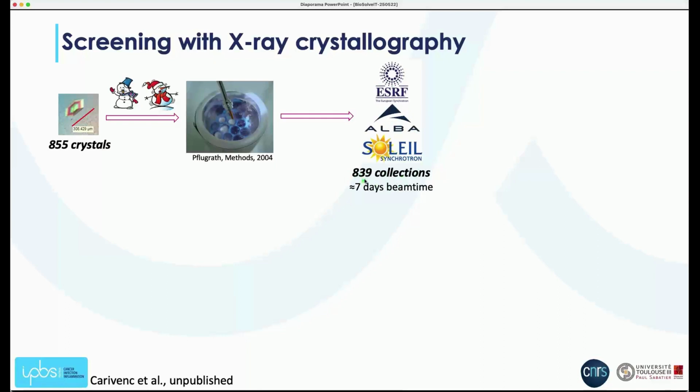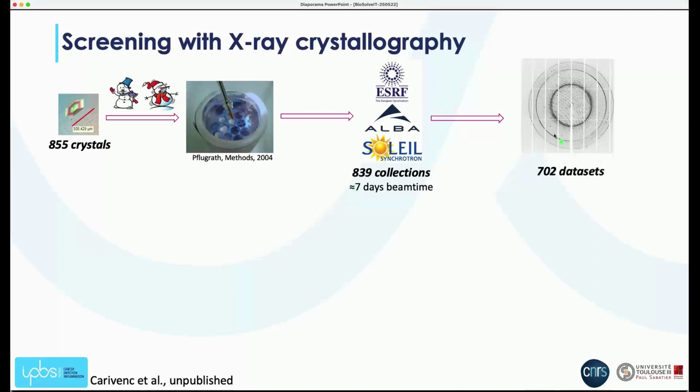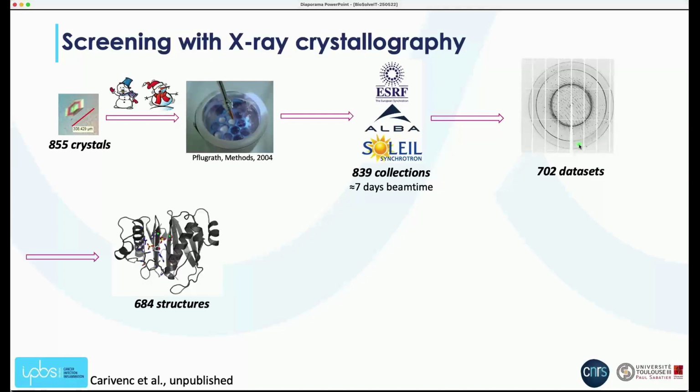And we managed to collect about 840 data sets, which corresponds more or less to 7 days of continuous use of beam time. And it allowed close to 700 data sets to be collected, which translated into 680 structures.